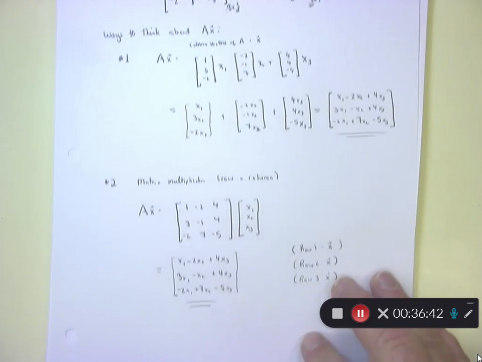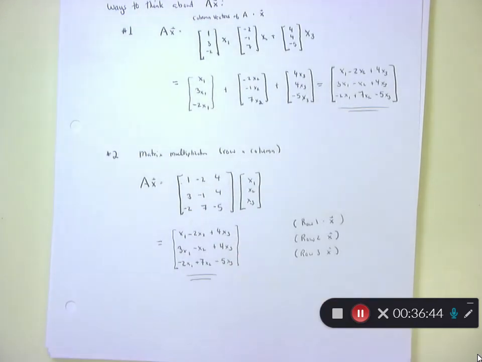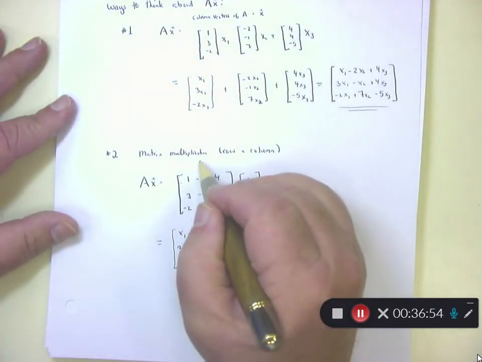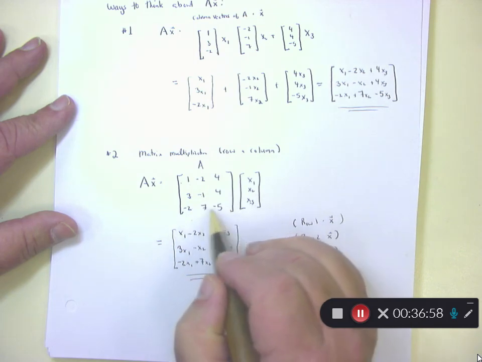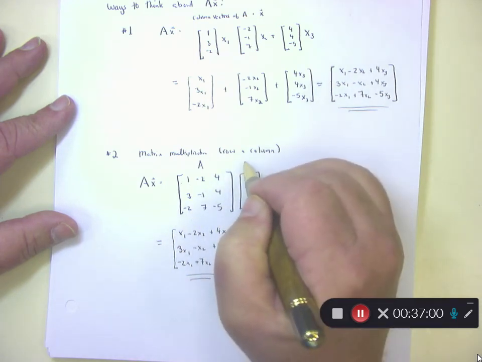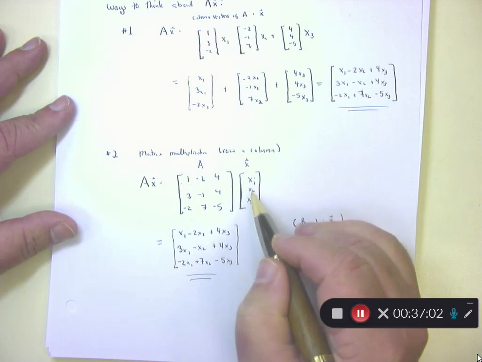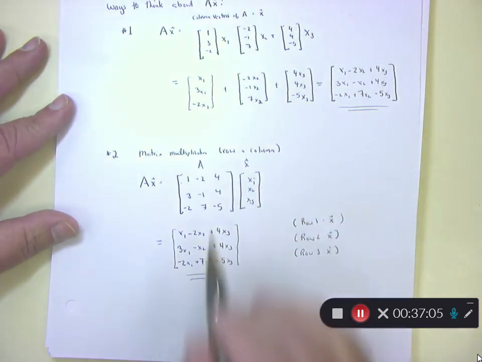The other way, which is the way you really want to look at this stuff, is matrix multiplication, rows by columns. Again, this was matrix A: 1, negative 2, 4, 3, negative 1, 4, negative 2, 7, negative 5. This was vector X: x1, x2, x3. And how do you multiply?